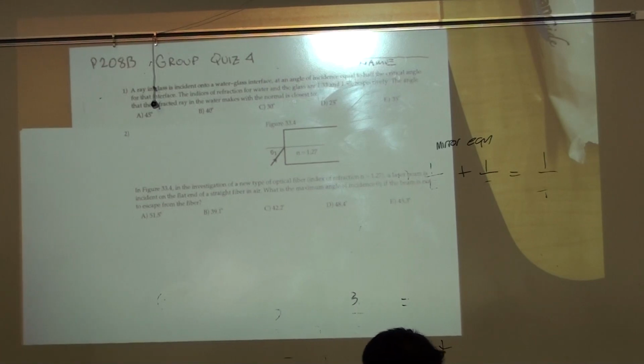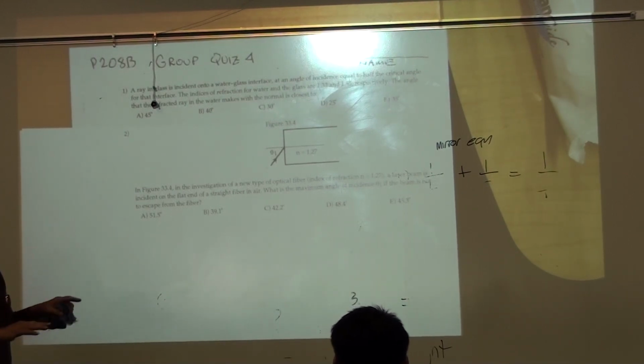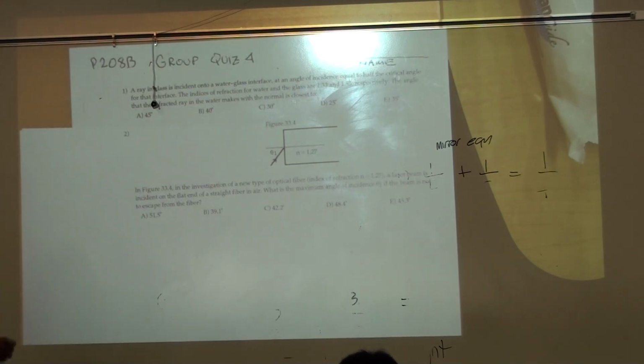The indices of refraction are 1.33 for water and 1.55 for the glass, so it's going from water to glass. And so the angle that the refracted ray makes with the normal in the glass is closest to what? You're going to have to figure out what the critical angle is, cut that in half, and then do a Snell's law problem. So it's a two-step problem.